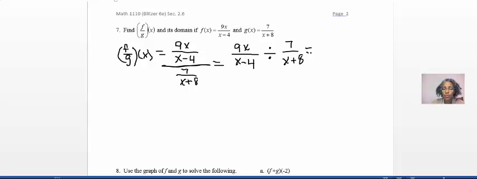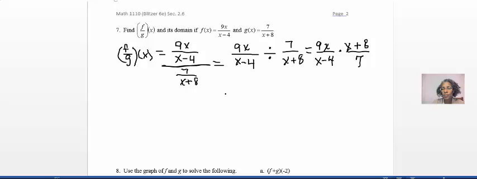And remember, when you do fraction division, you invert what you were dividing by and change the division to a multiplication.